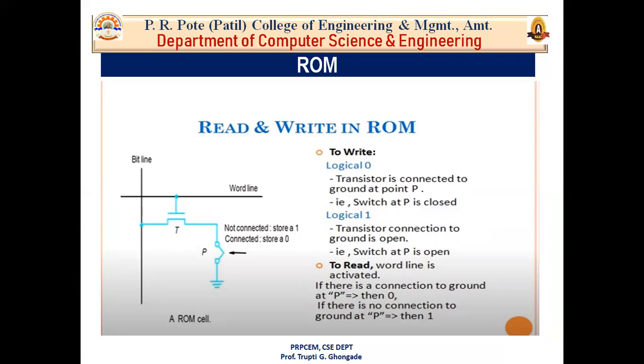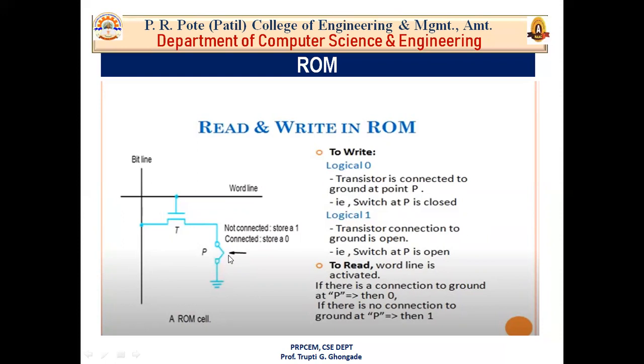If you look at this diagram, it is very similar to the RAM cells that we learned in the previous lectures. It has a word line and a bit line, and inside a cell you have a transistor and a switch. At this point P you have a switch.